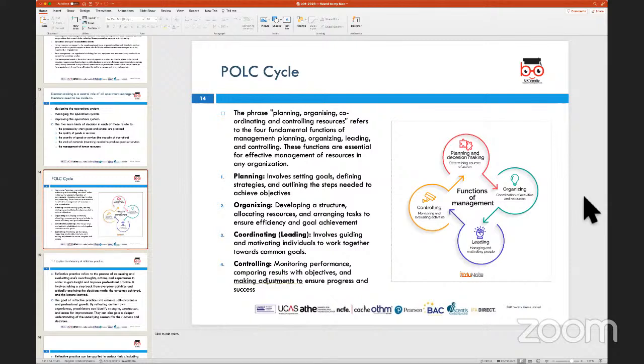For example, if the company is trying to meet an aggressive sales target, one part they will look at in coordinating or leading would be to set up objectives with reward mechanisms which would motivate the employees to work harder to achieve those goals. If they achieve those goals, they get incentives in terms of rewards, bonus trips, holiday trips, or even cash incentives.